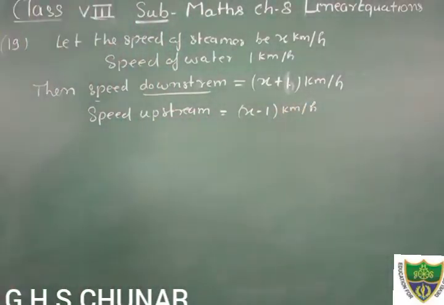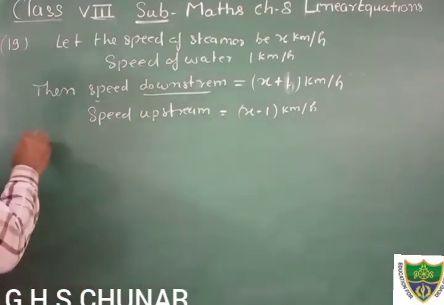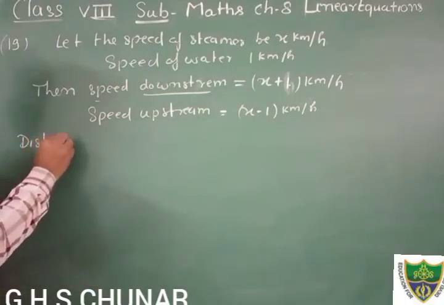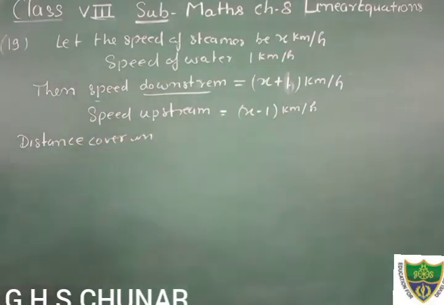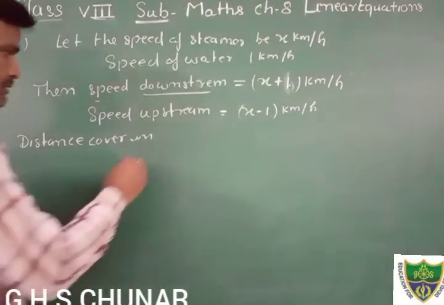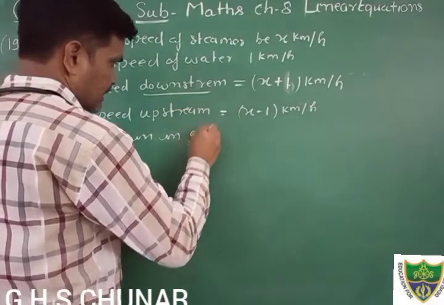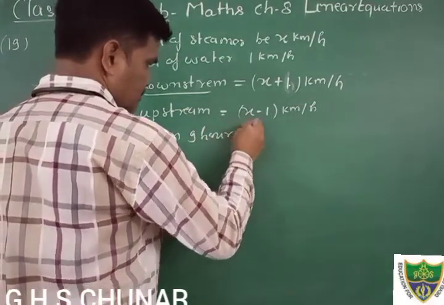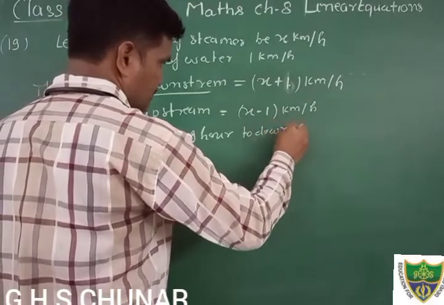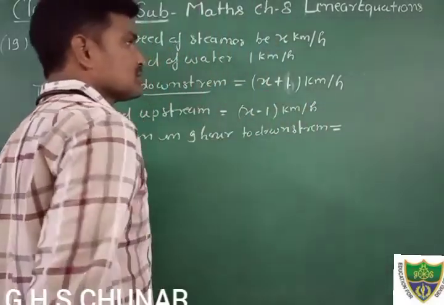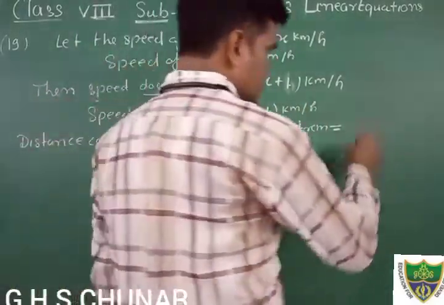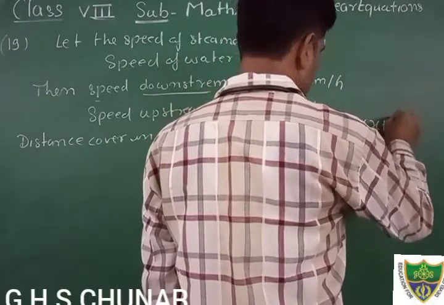Okay. Now distance covered, in how many hours? There are 9 hours downstream. Distance covered in 9 hours downstream, that is distance is equal to time into speed, that is 9(x + 1).